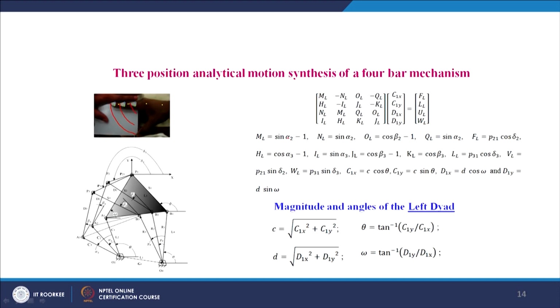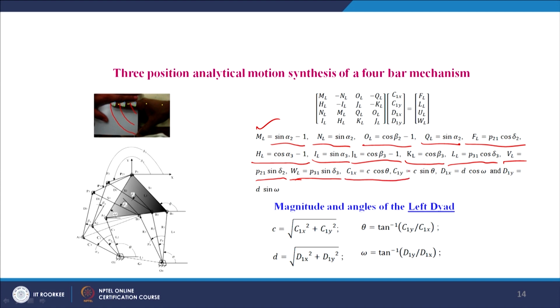And now in continuation, from the 4 equations, we assume ML equal to cos alpha 2 minus 1 and NL equal to sin alpha 2, and O2 equal to cos beta 2 minus 1, QL equal to sin alpha 2, FL equal to P21 cos delta 2, similarly HL equal to cos alpha 3 minus 1, IL equal to sin alpha 3, JL equal to cos beta 3 minus 1 and KL equal to cos beta 3, LL equal to P31 cos delta 3, then VL equal to P21 sin delta 2, then WL equal to P31 sin delta 3, C1x is equal to C cos theta, then C1y equal to C sin theta, then D1x, D1y are given by D cos omega and D sin omega respectively.